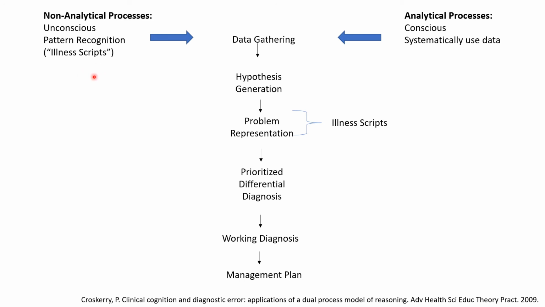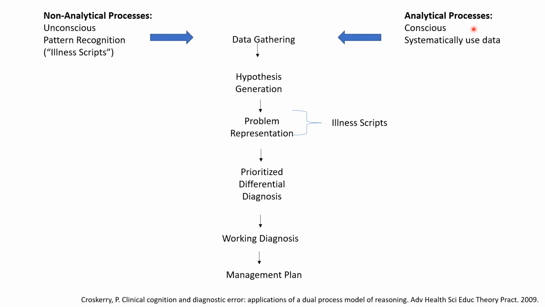The other process is an analytical process. It is conscious, it is deliberate, and it often involves comparing and contrasting potential diagnoses in a systematic way, prioritizing them based on the data observed from the patient's history, exam, and diagnostic tests.